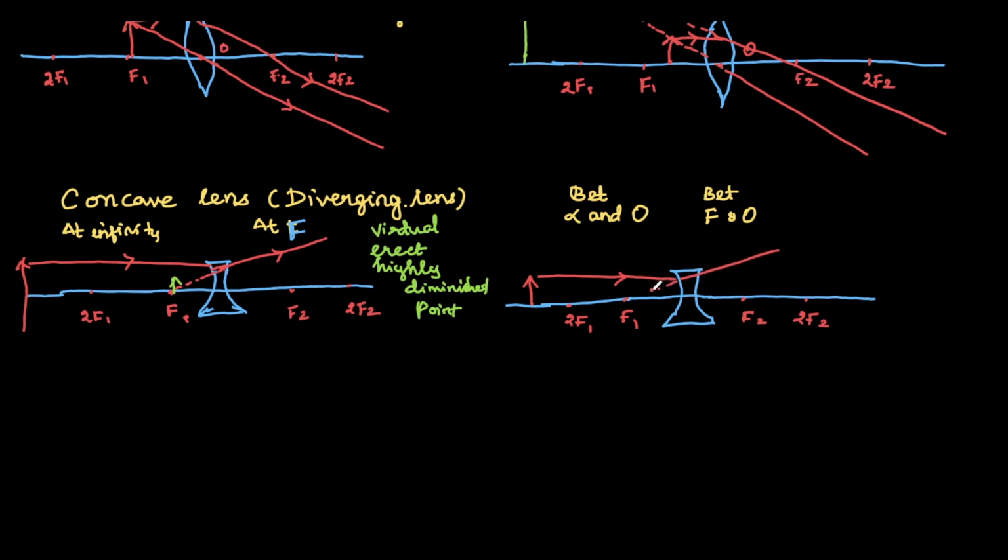When we produce the diverted rays, the image will be formed between F and O. The image will be virtual, erect and diminished.